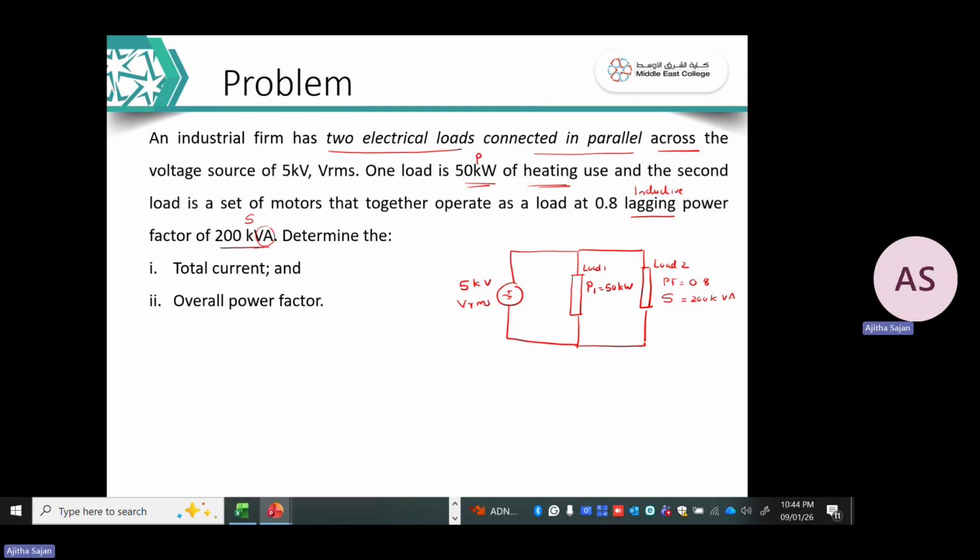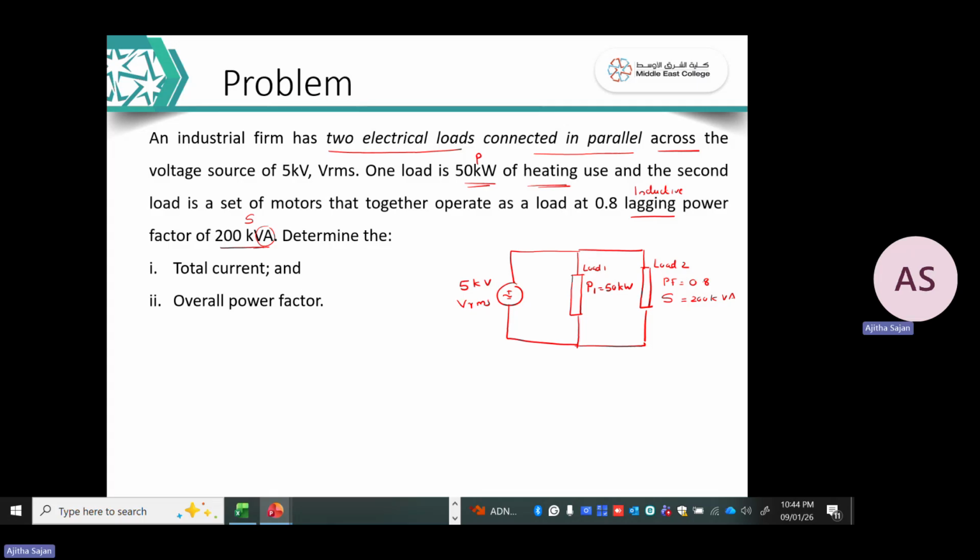Now what's the question here? You need to find the total current and the overall power factor. To get the total current, note that these loads are connected and both have not just real power alone, you have a reactive element also.